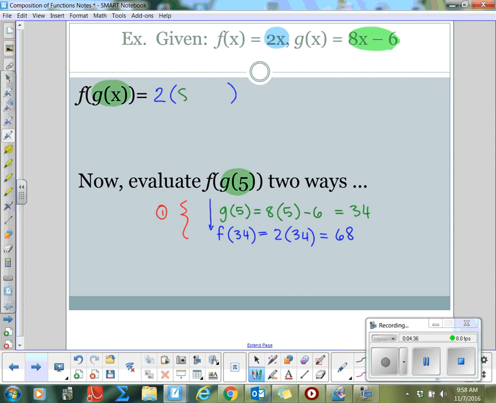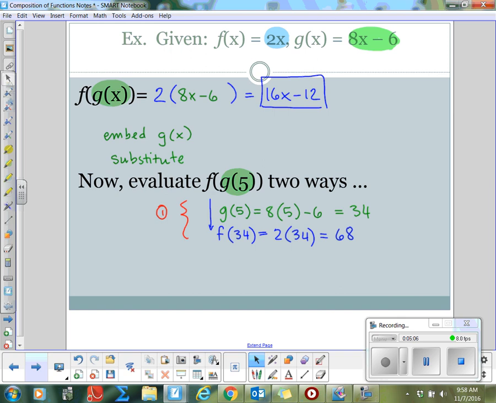So I'm embedding or substituting. I perform the algebra and I have a new, more powerful function that will perform the job or responsibility of the other two individual functions.